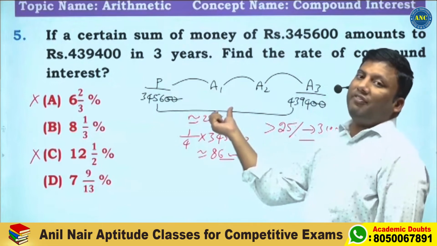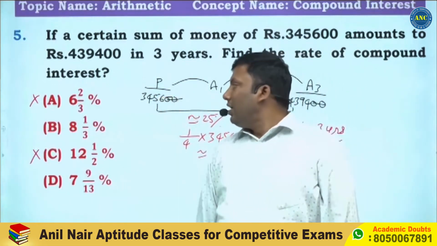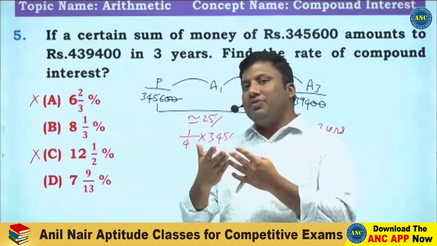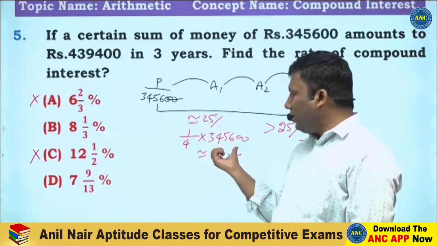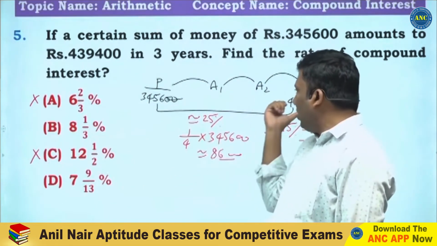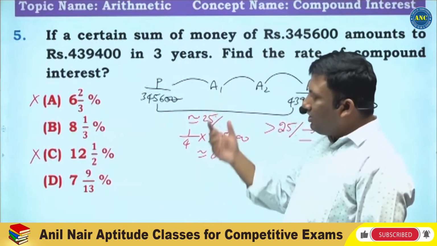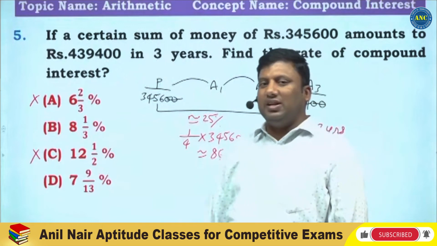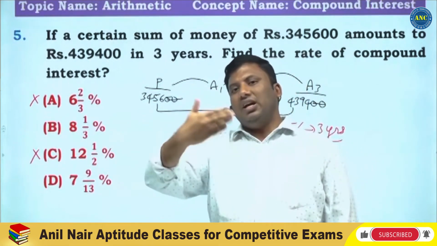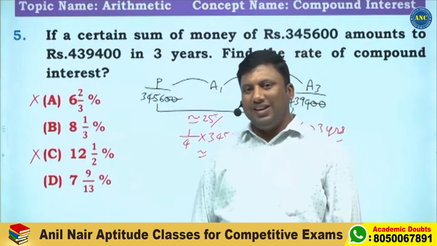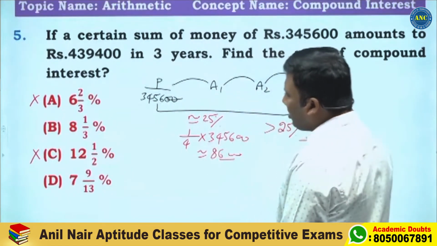Because a 25% increase on 345,600 is 1 by 4 of 345,600, some 86,000 something I will get. So it is just greater than 25%. 25% for 3 years, 1 year it should be around 8%. Let us solve it.